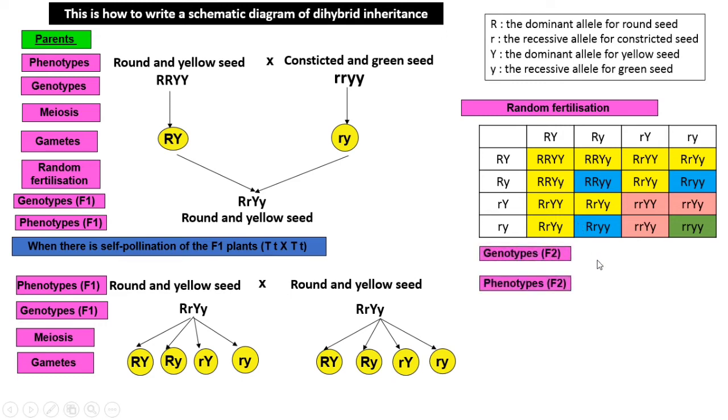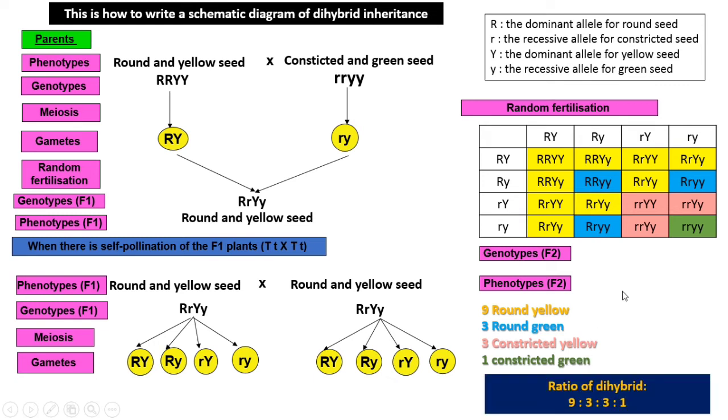This is the genotype produced in the second generation, and the phenotype is 9 round yellow, 3 round green seed, 3 constricted yellow, 1 constricted green. Okay, so the ratio of the dihybrid inheritance is 9:3:3:1.